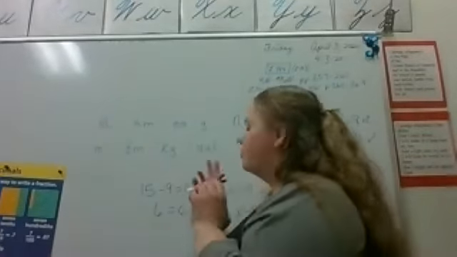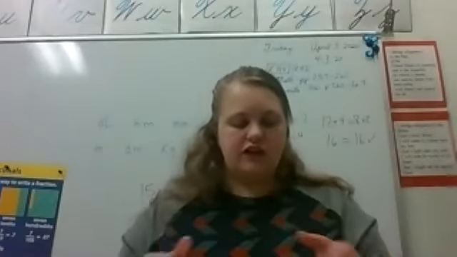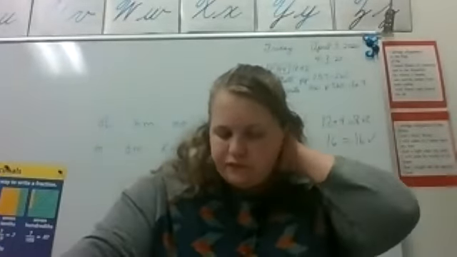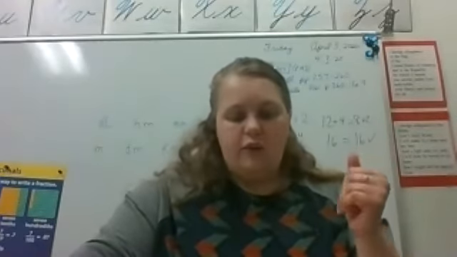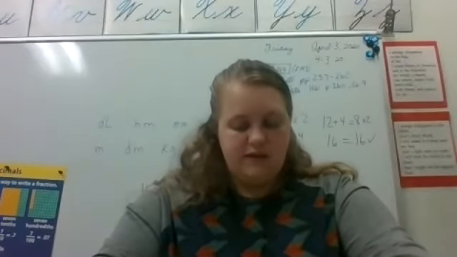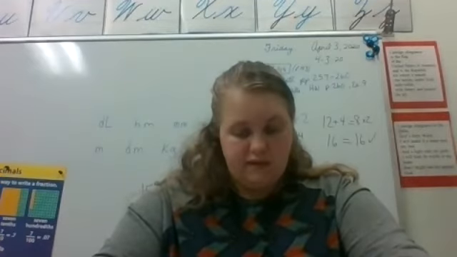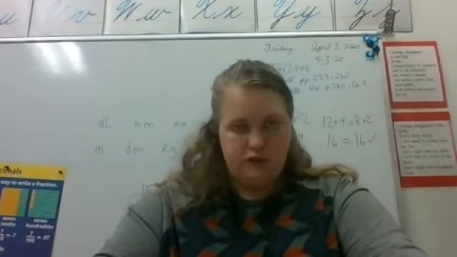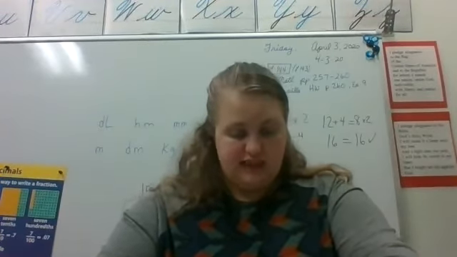So for those, I'm gonna do the first one with you in that section on 2A. So if you'll be on page 259, 2A, we're gonna do the first one together, okay? So it has 20 centimeters, 2 meters, 20 millimeters, and 2 inches, okay? So we're gonna put this in order from least to greatest, okay?